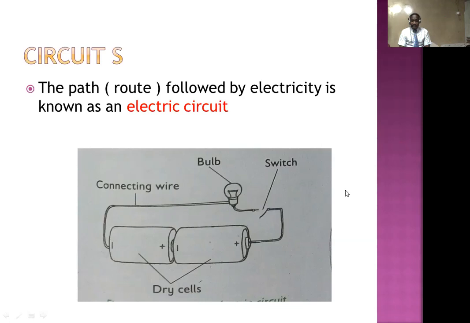Pupils, the circuit is only complete when the switch is closed. Like now it is open. When the switch is open, the circuit is considered to be incomplete. So the moment the one wire touches the other wire, we say it is complete and the bulb will light.